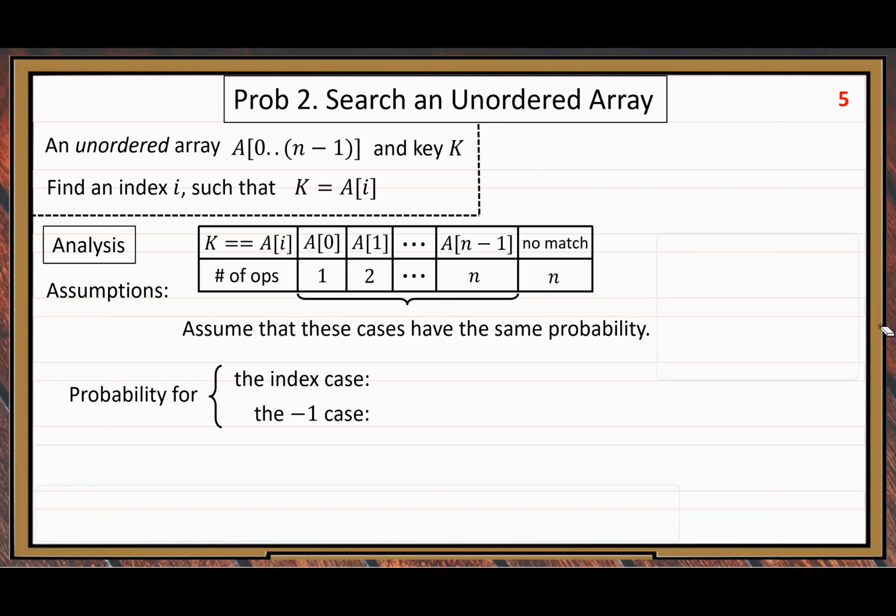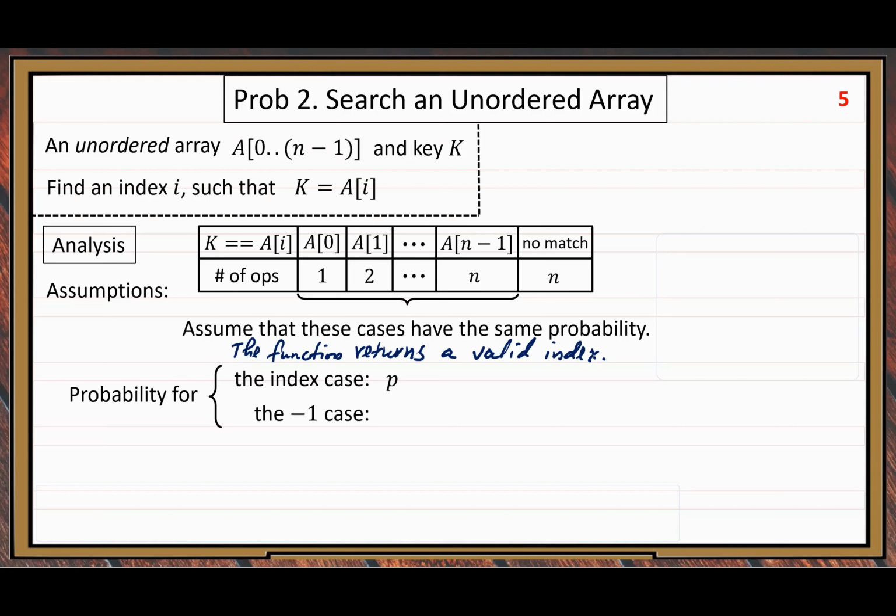What do you mean, the index case? It means the function returns a valid index. The -1 case is not a valid index. That's the no match case. So we need to know the probabilities for these two cases.